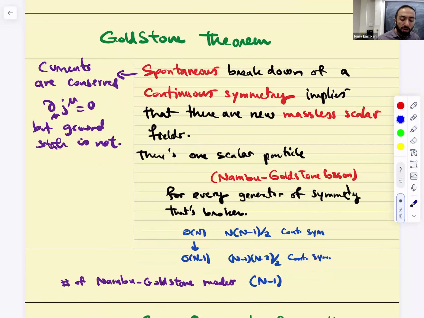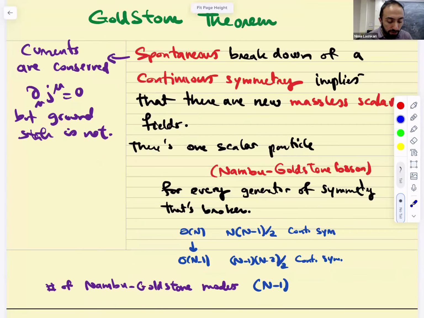These massless particles that come from spontaneous symmetry breaking are called Nambu-Goldstone bosons. To every continuous symmetry, every continuous degree of freedom that we break, there exists one Goldstone boson.